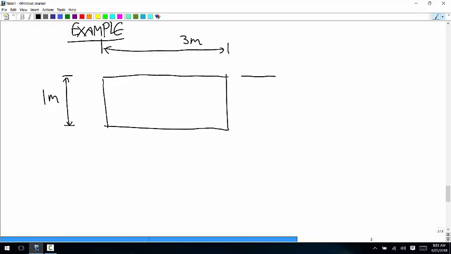And we have a force of, let's say, 100 newtons. And let's say that the about point is here. What's the moment produced by that 100 Newton force?